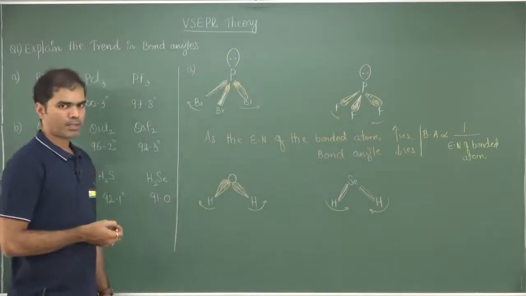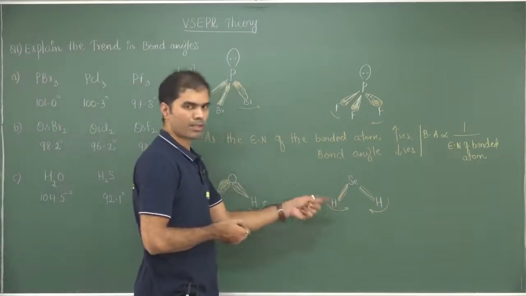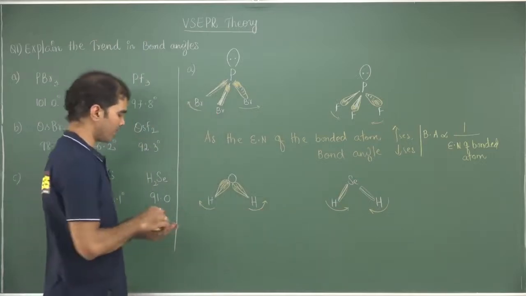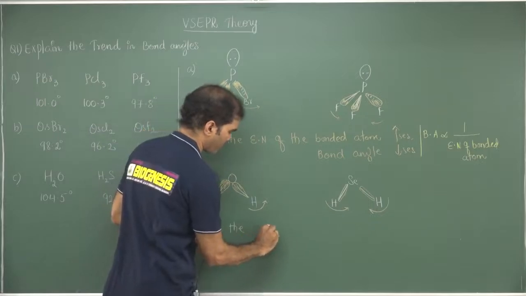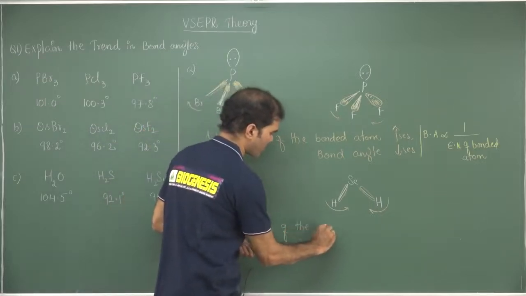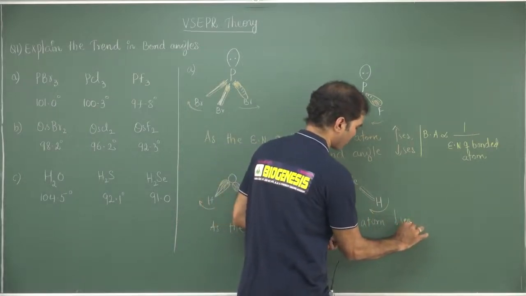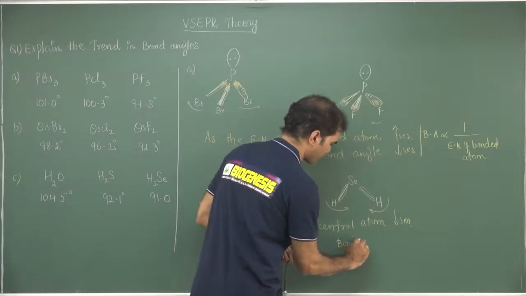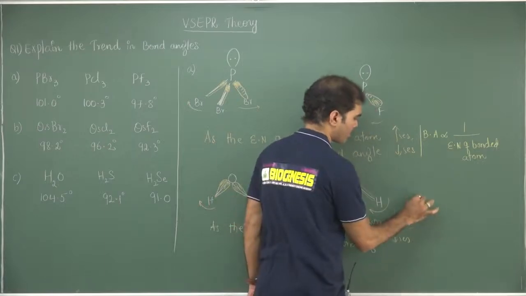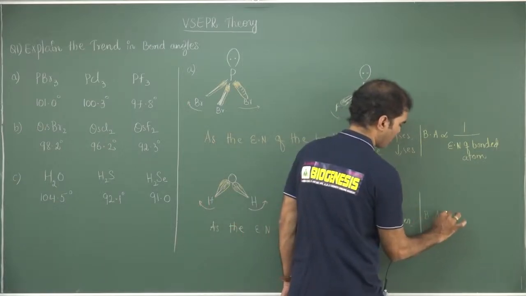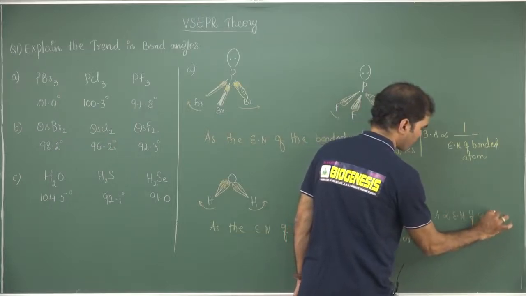So what we finally conclude is, as the electronegativity of the central atom decreases, bond angle also decreases. So bond angle is directly related to the electronegativity of the central atom.